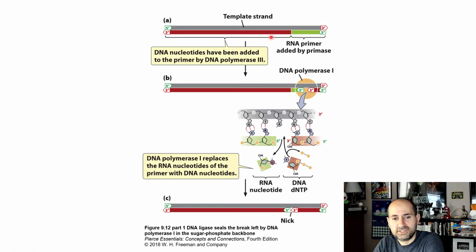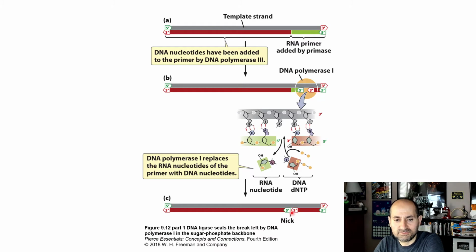So what happens is when a primer is removed by DNA polymerase I, there is still a nick between this Okazaki fragment on the right and this Okazaki fragment on the left. There's a gap here. There's a nick in the phosphodiester backbone. The two Okazaki fragments need to be linked to one another, and the job of that is DNA ligase.